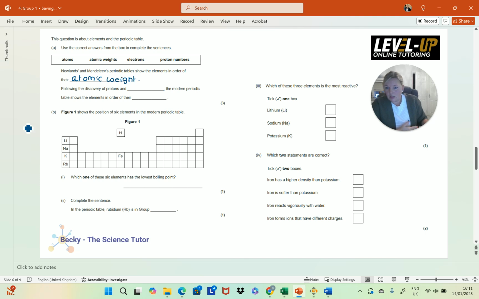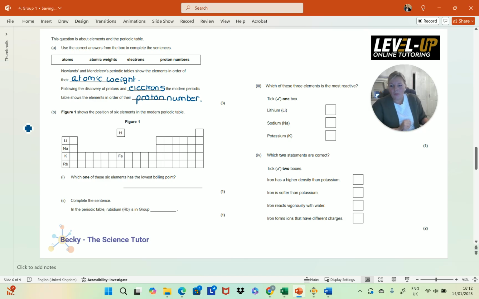So following the discovery of protons and electrons, the modern periodic table shows the elements in order of their proton number. Now when you get a question like that, please make sure that you use words from the box, don't make up your own, they're there to help you.